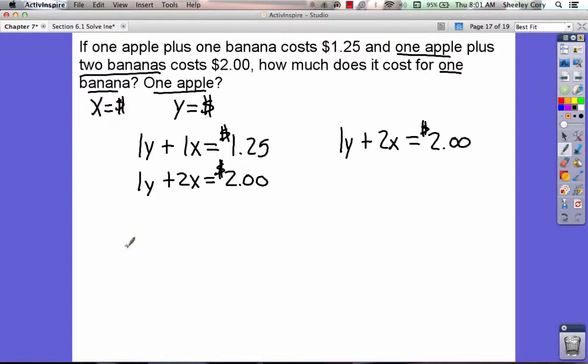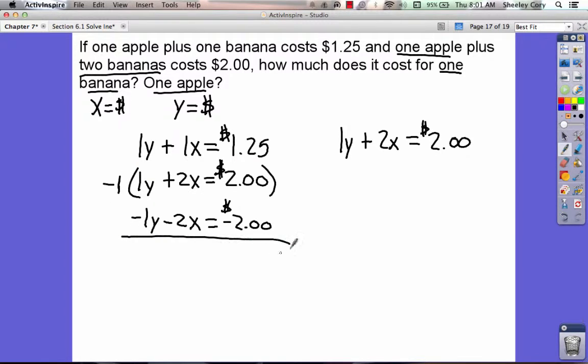So what we're going to do is multiply this whole thing by -1. And when we do that, that's going to make this -1y. It's going to make this -2x. And it'll make the 2 a -$2. So all we do is multiply by a negative number so we can add these equations together.